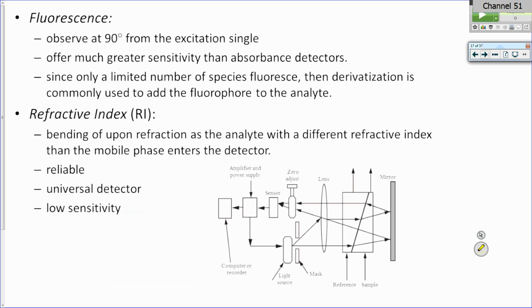Fluorescence gives us great sensitivity, just like we do in a traditional fluorescent system. We observe at a 90-degree angle from the excitation. Typically, you're talking about a 3 to 5-fold enhancement in sensitivity over absorbance. The problem is, same as with fluorescence before, only 3% of compounds in nature fluoresce.